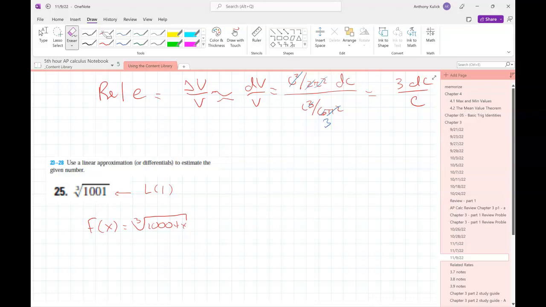But why didn't I do 900 plus x or something? 1,000 is a perfect cube, yes. That's why I chose 1,000 plus x, because when I find a point for the linearization, or to build my tangent line, I want something that's near the value that I'm inputting that'll give me a nice number to deal with. Paul?